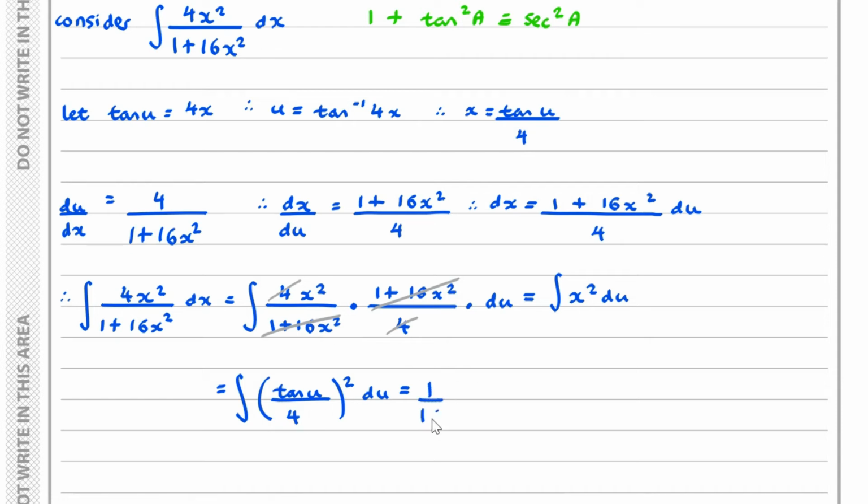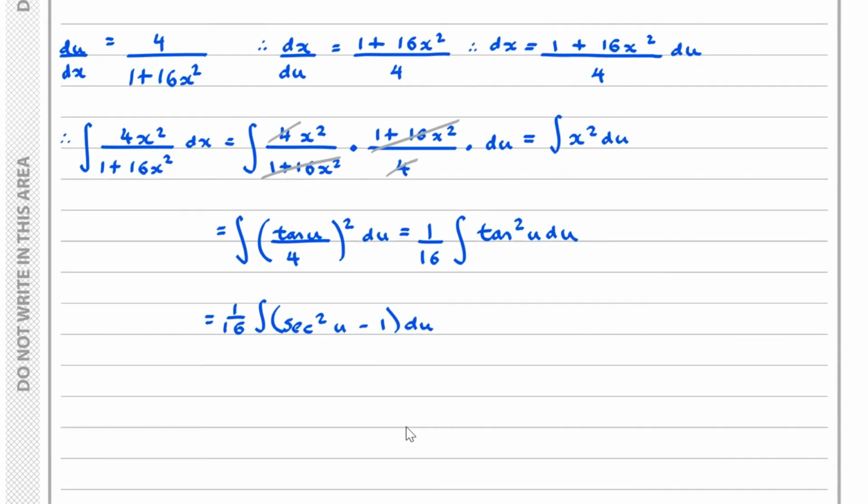So we have 1 over 16 times the integral of tan squared u du. And we can easily integrate this by replacing tan squared u with sec squared u minus 1. So we have over here, if we tidy this up, 1 over 16 times the integral of sec squared u minus 1 du.